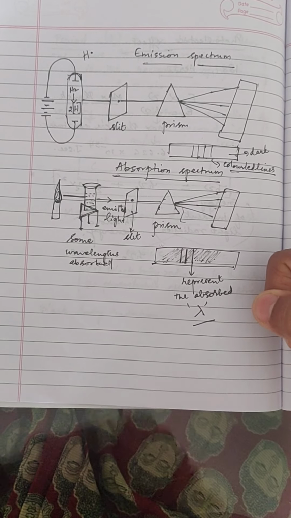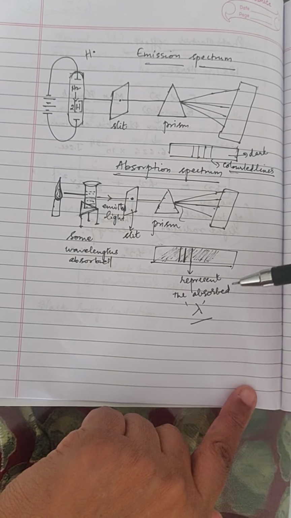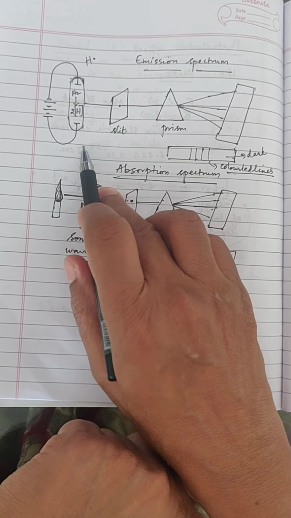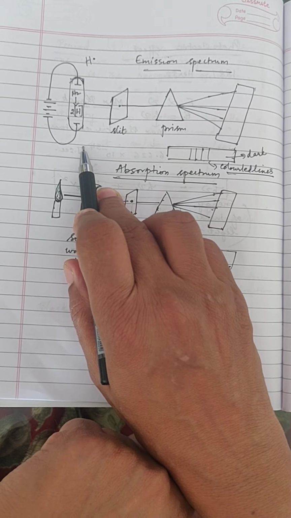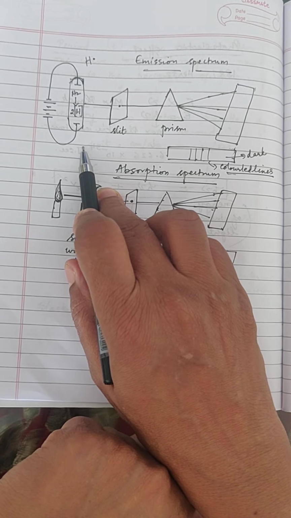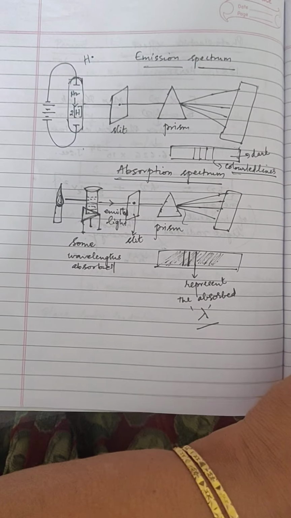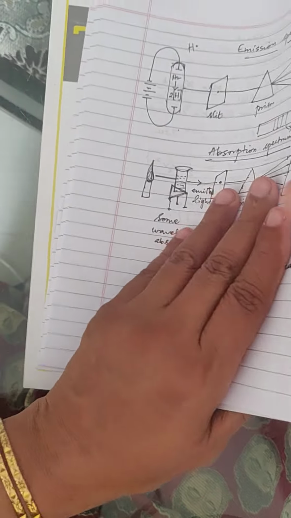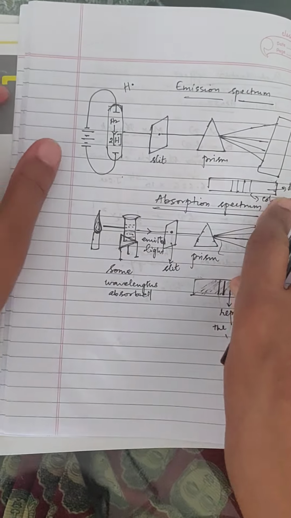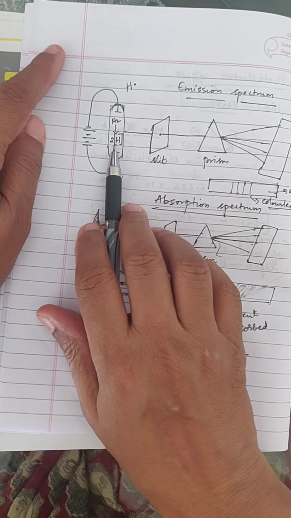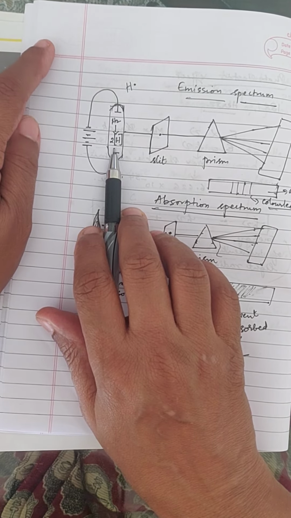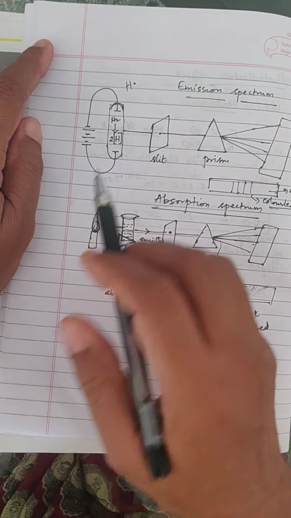So this is about spectrum, which is called emission spectrum and absorption spectrum. Now we are going to see about this hydrogen spectrum, which is an emission spectrum. Now in this case what happens? We saw that the hydrogen atom has one electron. Each and every hydrogen atom has that one electron.